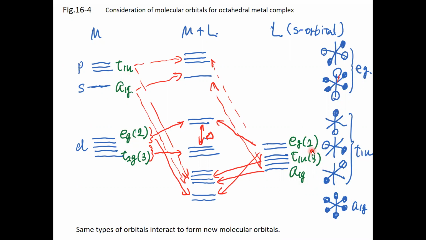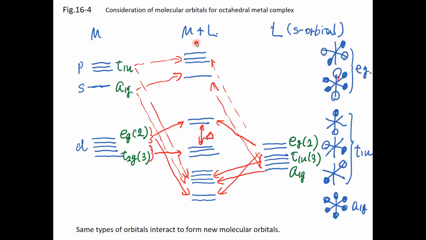So what we have to do is think about when these metal orbitals and ligand orbitals make new orbitals by forming a chemical structure, M plus L. So this is a metal complex.